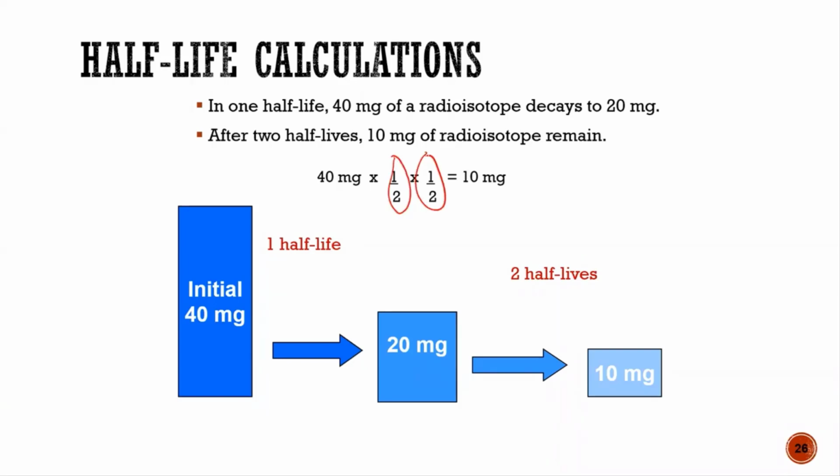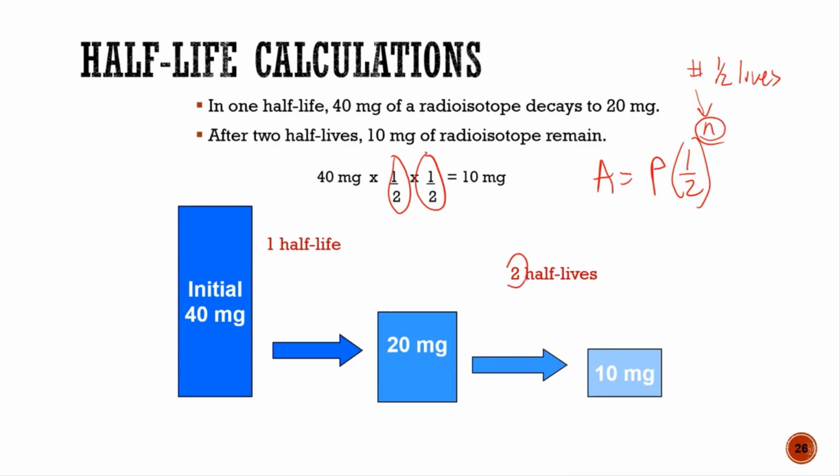Another way of thinking about it is, to figure out the amount that remains, you take the initial amount, which is the principal, you multiply it by 1/2, and you do it to the power of n. And n is the number of half-lives.